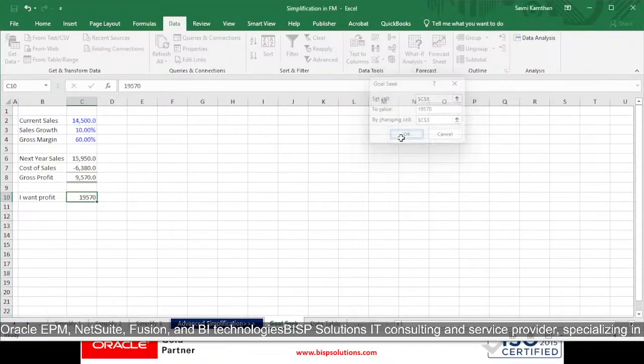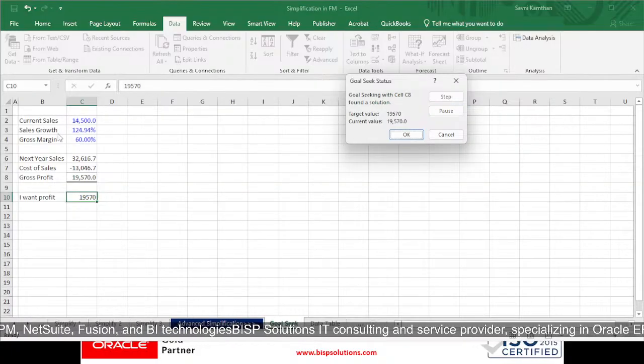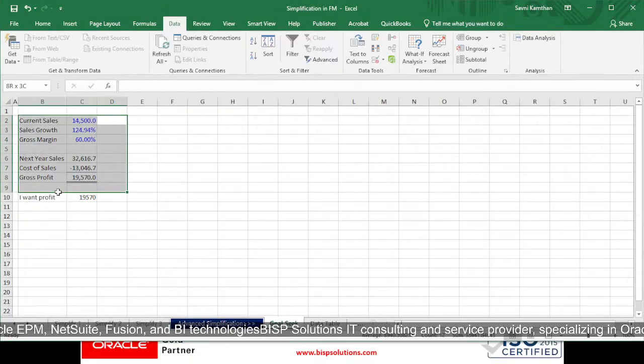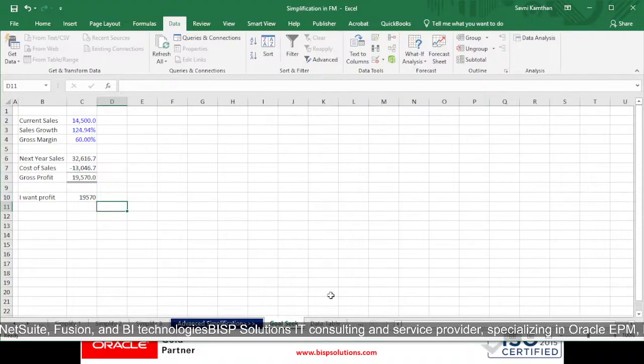If I click on OK, it will show me that I have to increase my sales by 124.94% to achieve this profit. If I click on OK, it will show me the table for the goal seek function, but it cannot be changed. So like this we will be using our goal seek function.